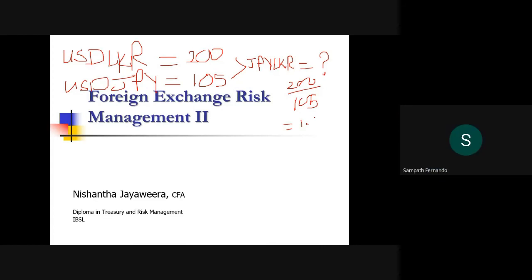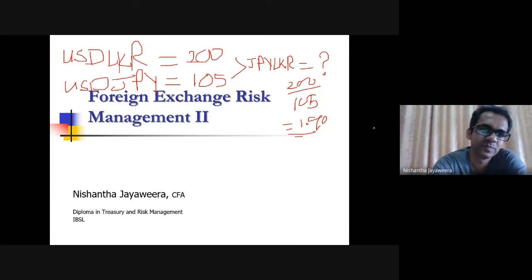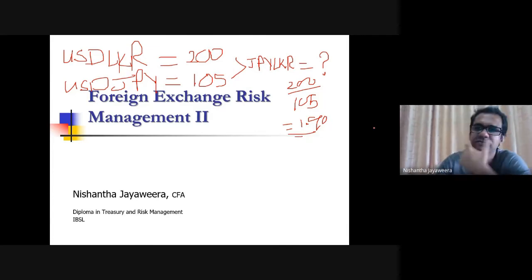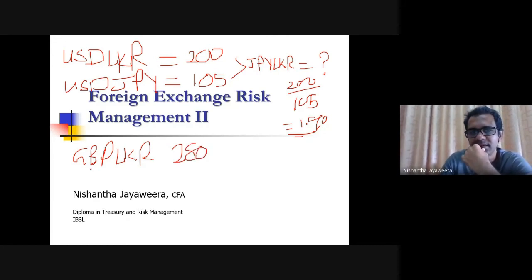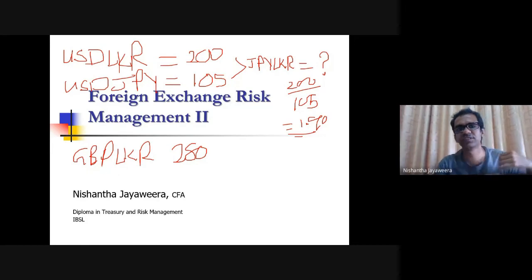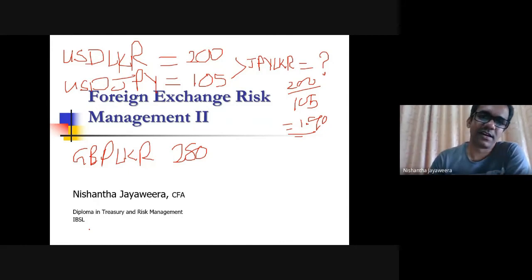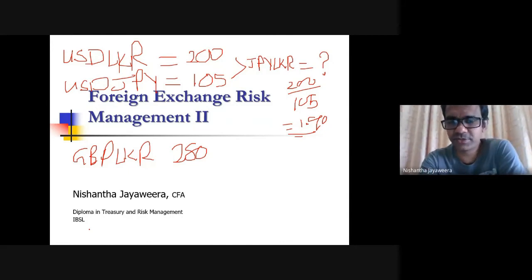So that's how. Even why do we have GBP LKR close to somewhere 280? That's again the GBP USD LKR rate. Unless otherwise there will be an arbitrage opportunity.